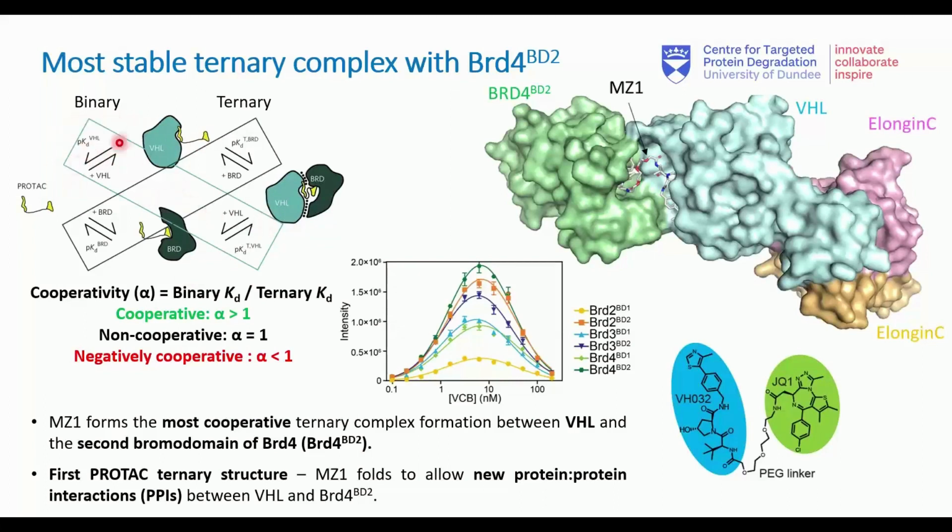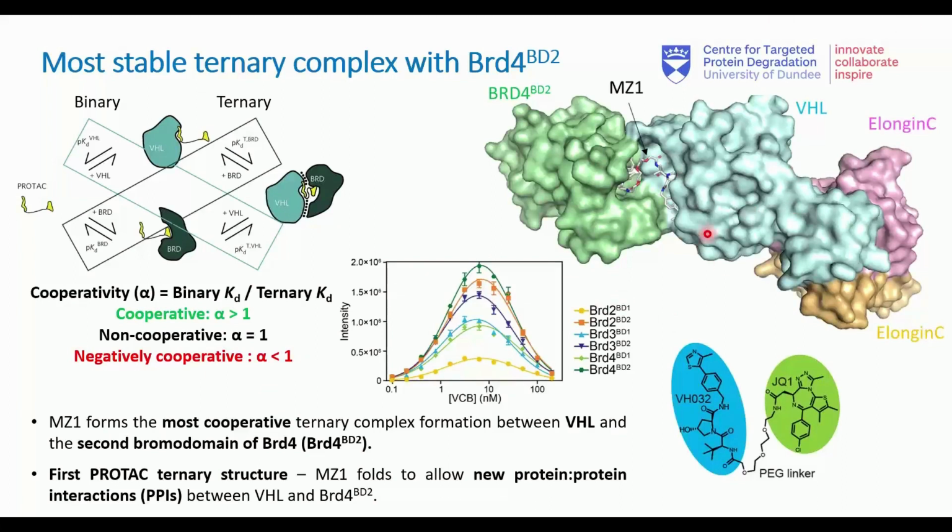And here you just take the KD from the binary and divide it by the KD of the ternary, or vice versa. You can do it with the target protein. And this cooperativity value alpha, if it's greater than 1, it's said to be cooperative. When it's equal to 1, it's non-cooperative, and when it's less than 1, it's negatively cooperative.